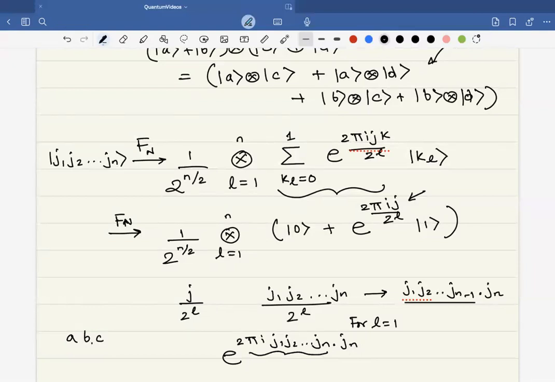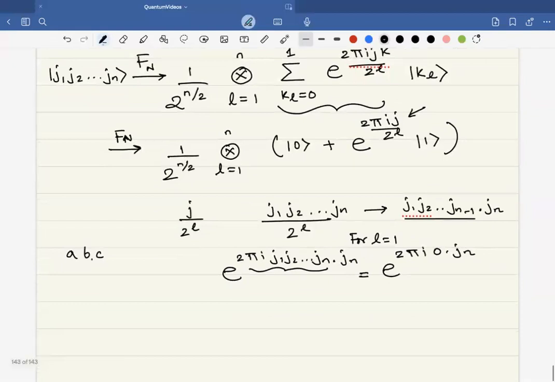So we can ignore this, and I can write this as just e to the 2 pi i 0.jn.